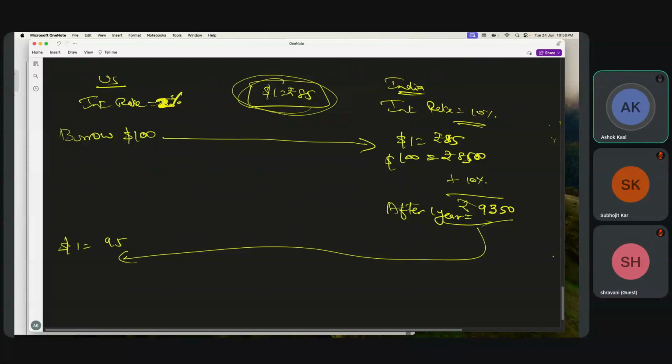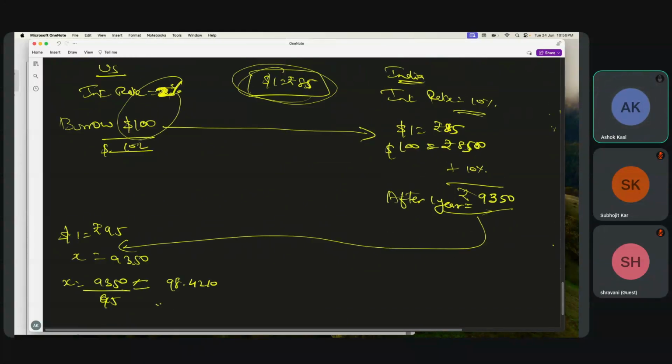I'm exaggerating so highly so that you can understand the difference. So 9,350 divided by 95 is 98.4210. You have to pay $102 to the bank because 2% is the interest rate you borrowed at.